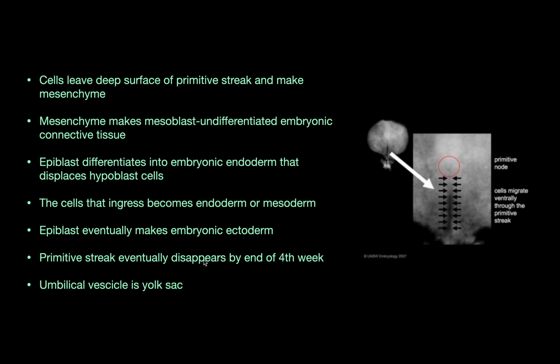And then the epiblast eventually will make the embryonic ectoderm. These were the ones that were displaced, right? And then the primitive streak eventually disappears by the end of the 4th week, and the umbilical vesicle that is formed by all of the layers eventually differentiating is also the yolk sac.